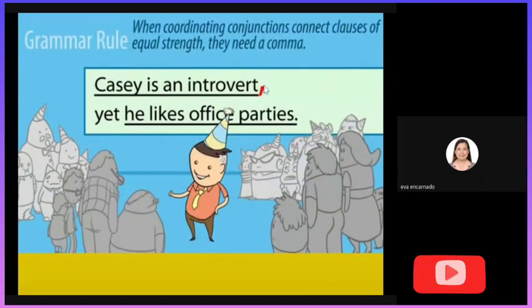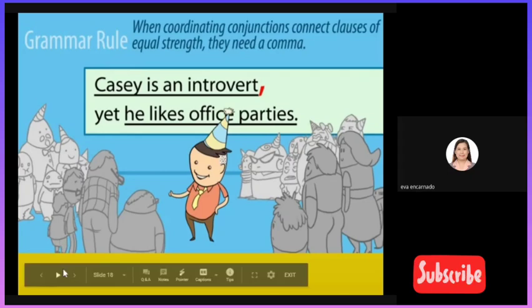This is two independent clauses joined by the coordinating conjunction yet. So to separate them, you use a comma before your coordinating conjunction. You put a comma before your coordinating conjunction.